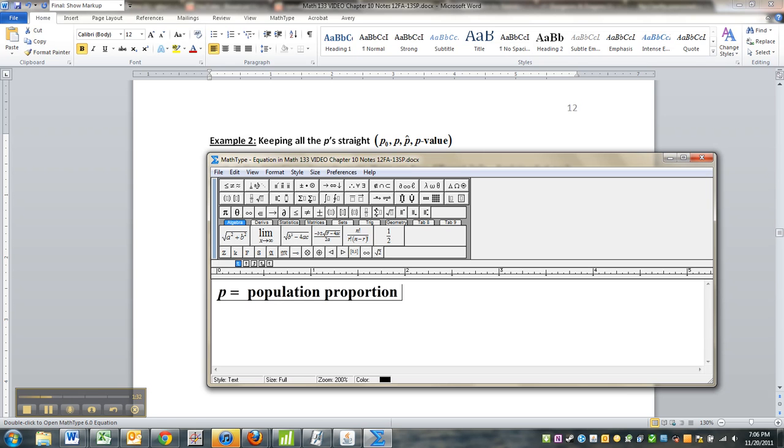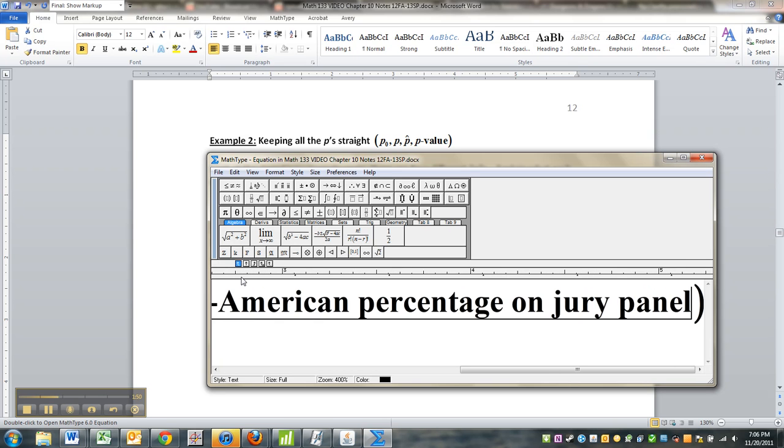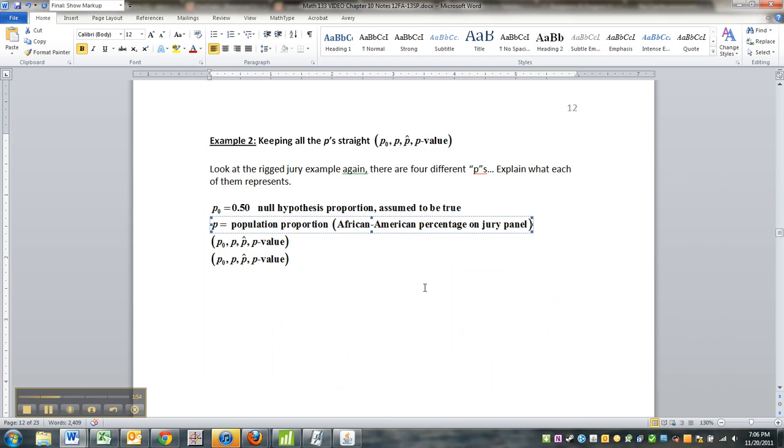It's the African American percentage on the jury pool. But it's really for all jury panels.